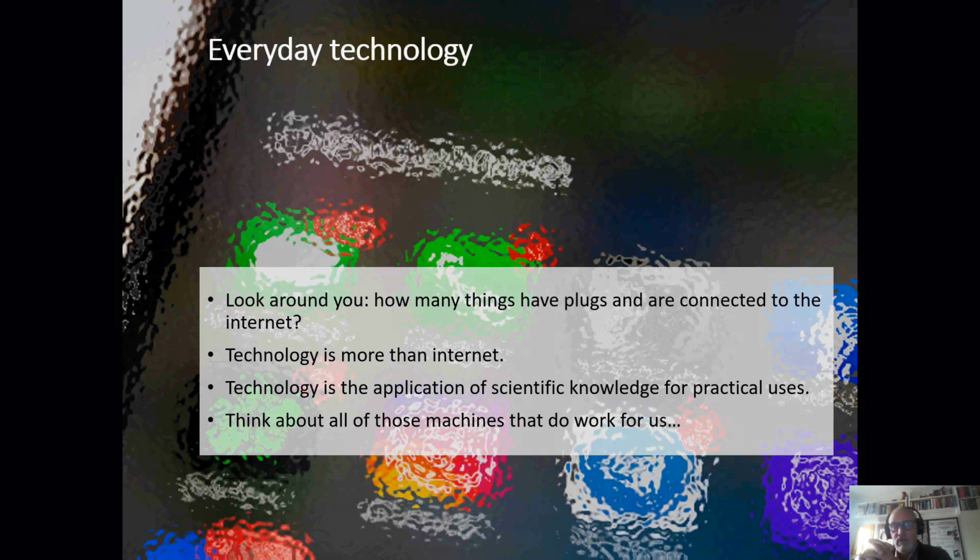So here I'm being careful to note that I'm talking about technologies more than just the internet, because technology obviously has a much broader meaning. To give you a definition, technology is the application of scientific knowledge for practical purposes.